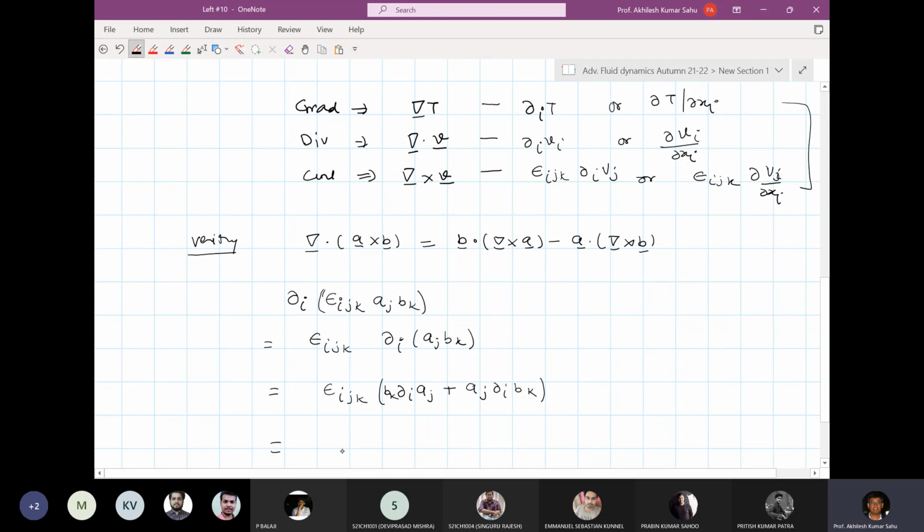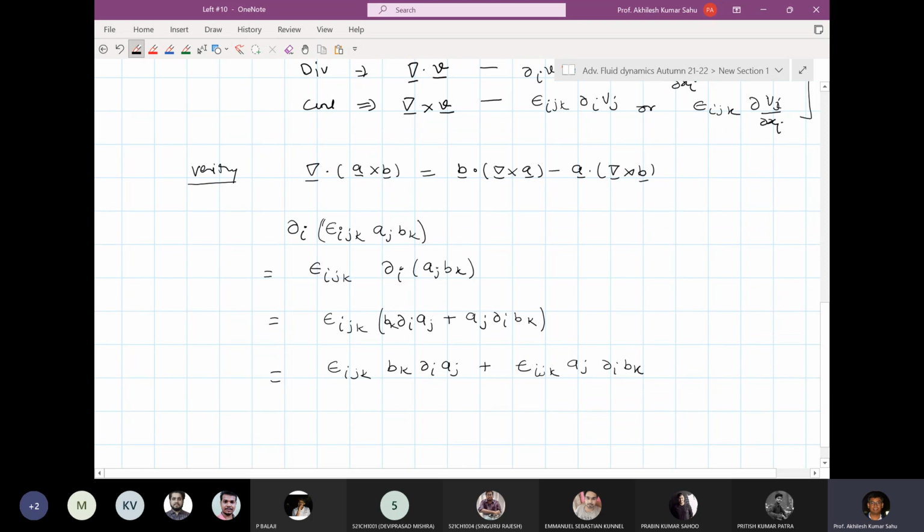If I expand this, it will be epsilon ijk bk partial i aj plus epsilon ijk aj partial i bk. Okay, now can you write the Gibbs notation for this?